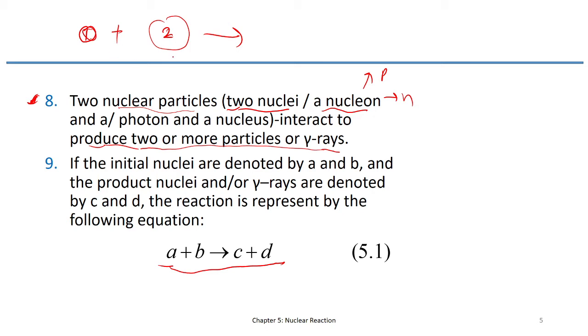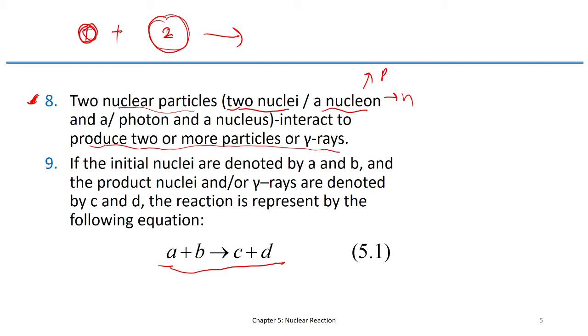And number two could be a photon or a nucleus. So the rule is number one doesn't necessarily have to be a particle, and number two doesn't necessarily have to be a nucleus.